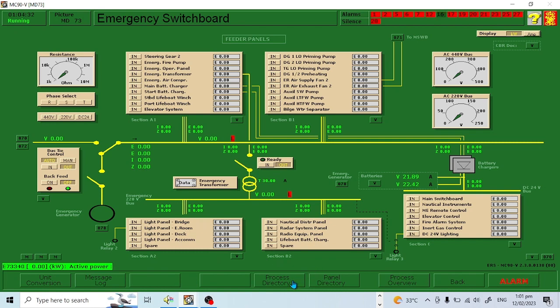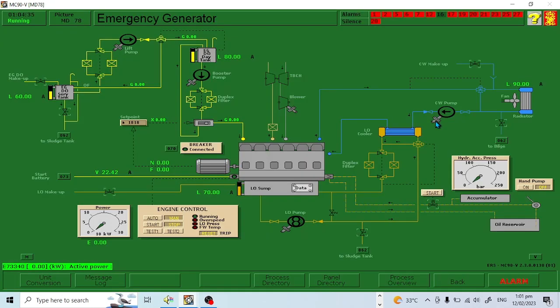The reality is, when you are trying to start the emergency generator, you have to first check the things that you need to do. You need to check the parameters and the levels. For example, here, the lube oil, the engine control position, whether it is auto or manual, the diesel oil day tank, the level of the cooling water system, and the lines.